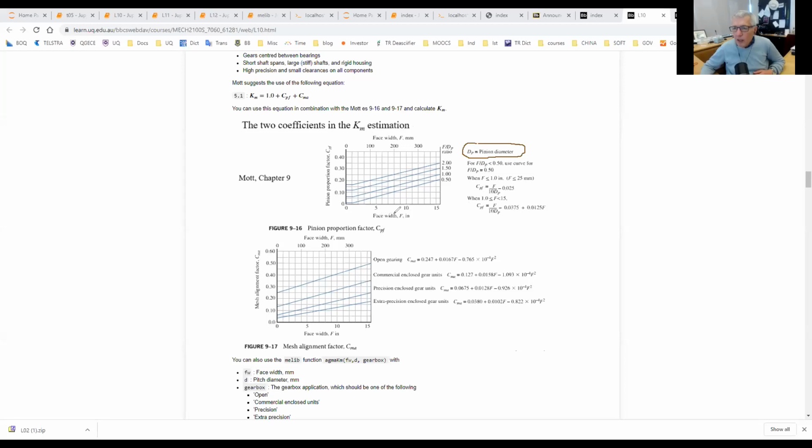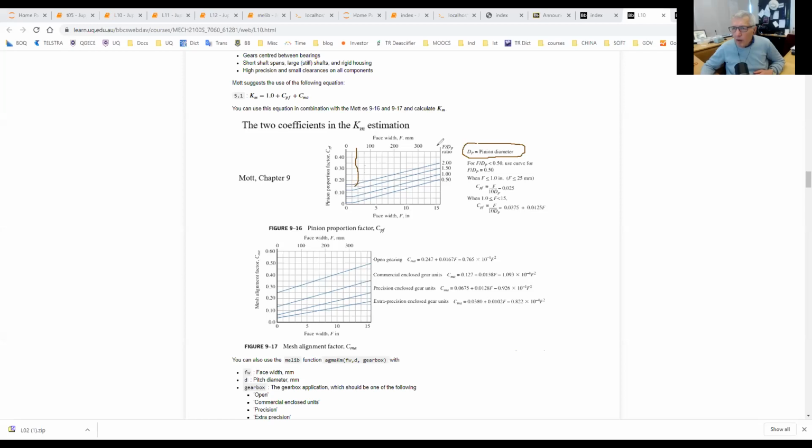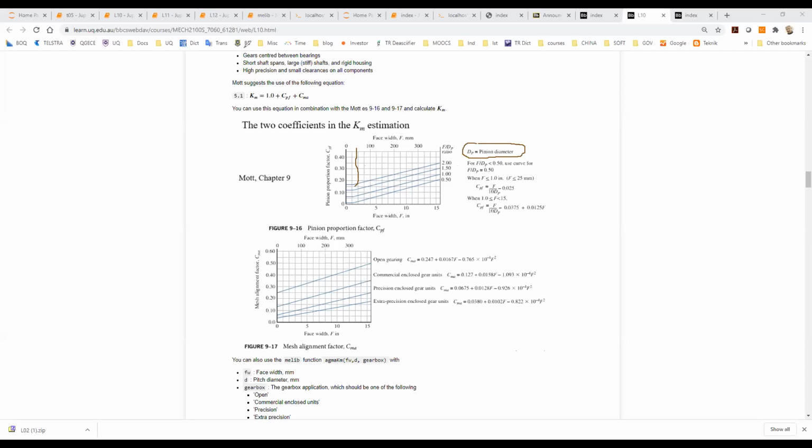So that's this face width, 50, means you come from here. Yep. So come down. And F, face width, divided by DP, what's that ratio? I don't think I wrote it down.